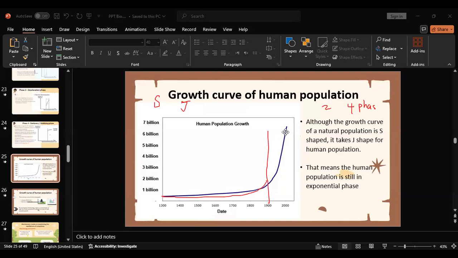From here to here, after this, it gradually and then rapidly increased because of the technological advancement. So the human population growth looks like this. It is still in the exponential phase, J shape. Okay, understand this one, right?